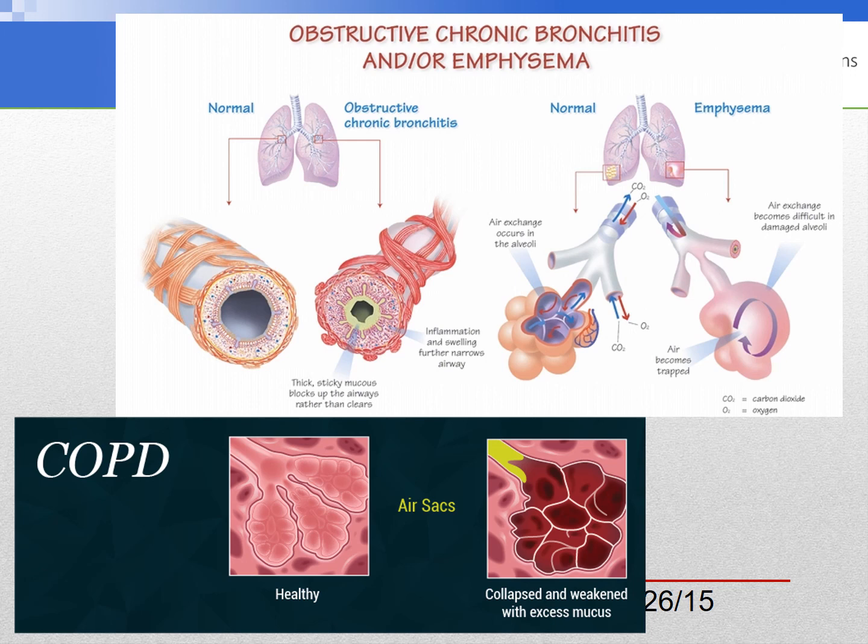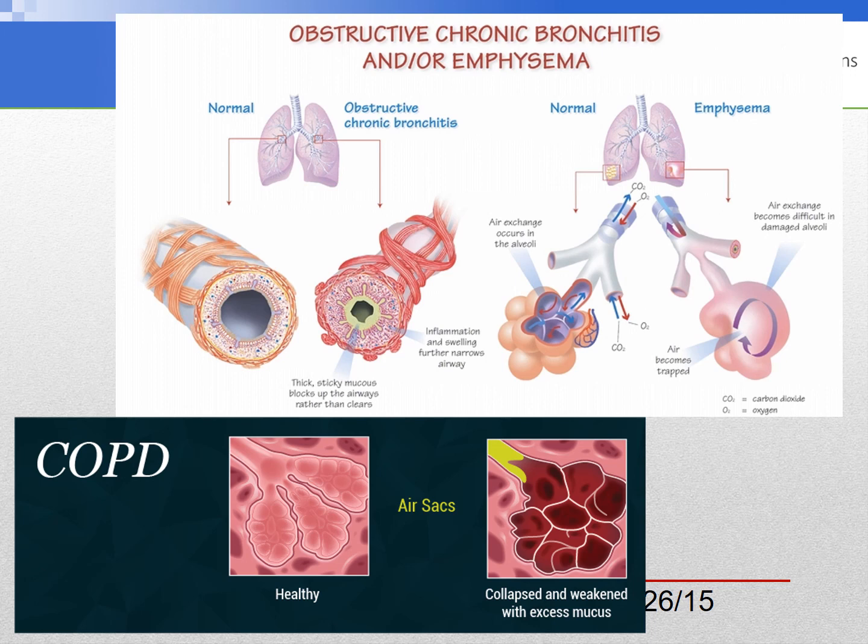This is showing you a picture of COPD. This is the normal airway, and this is the airway with obstructive chronic bronchitis. You can see the thick, sticky mucus that blocks the airways instead of clearing them, as well as the inflammation and swelling. Over here you've got emphysema.